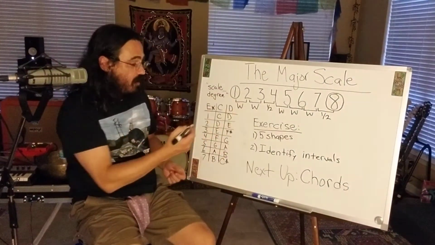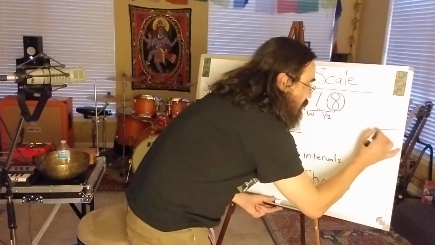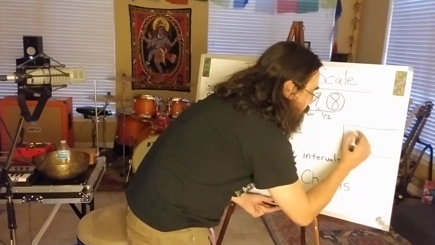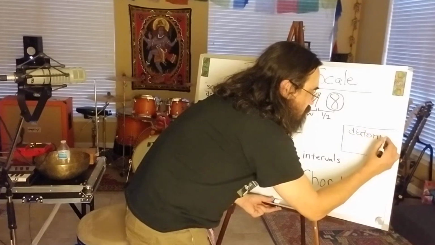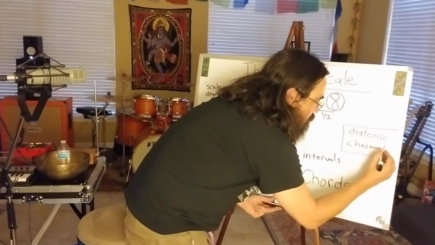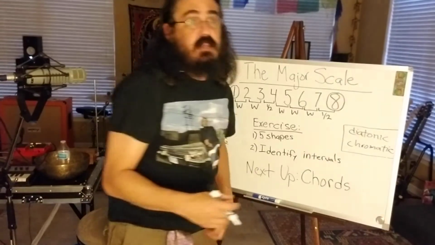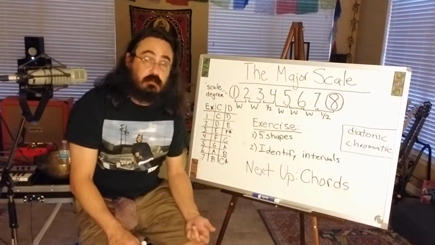So, just one thing to kind of add to that, 2 terms that are also important to know. We have what's called diatonic and chromatic. And these terms can be applied really to chords or to notes, okay?